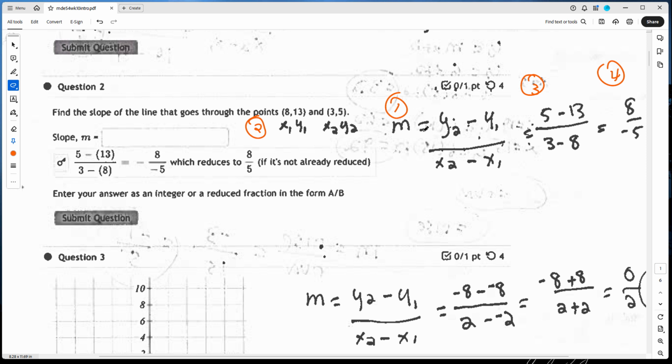So I wrote up my formula. Here, I assigned values to the variables, x1, y1. Then I replaced them in the slope formula here. Then I did my computation, 5 minus 13. 5 minus a negative 13 is going to be a negative 8.